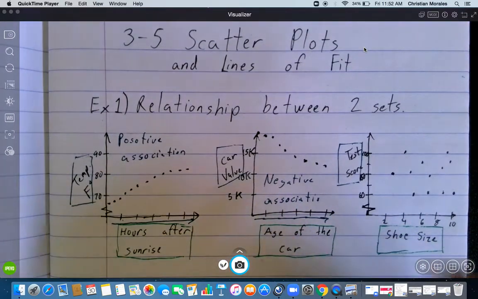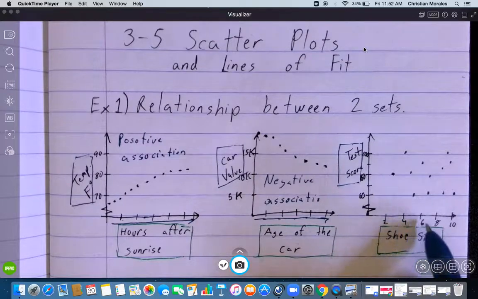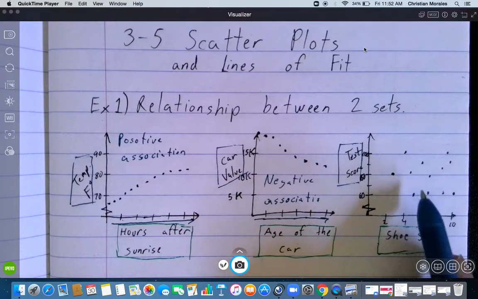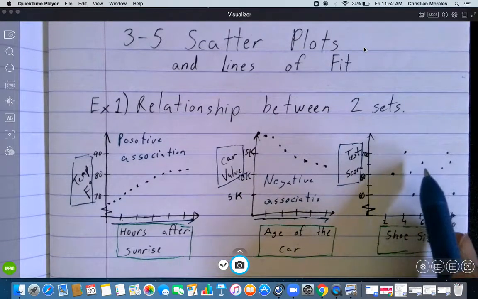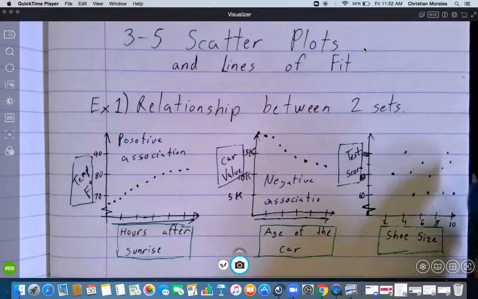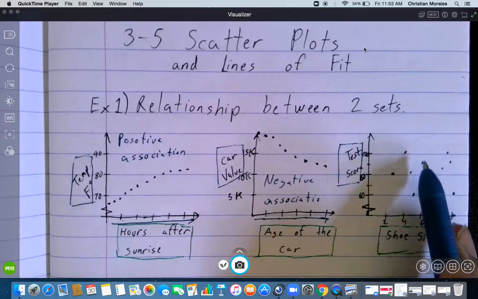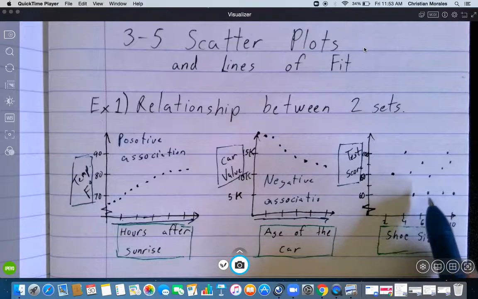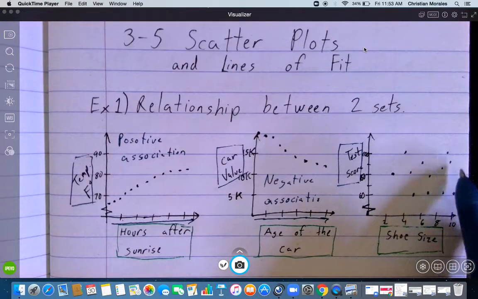Here, the shoe size. So we're looking at the shoe size of different students and their test scores. And here we see that there is no real pattern, that they're kind of just all over the place. So someone with a smaller shoe size can pass and fail the test. Someone with a bigger shoe size can also pass and fail the test.